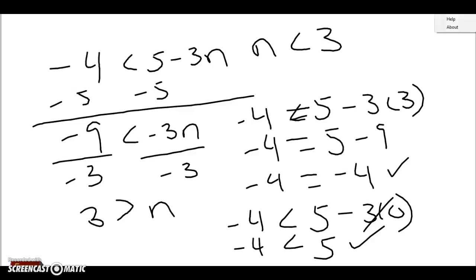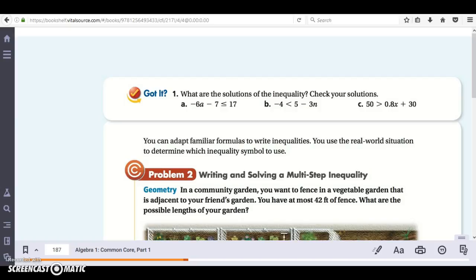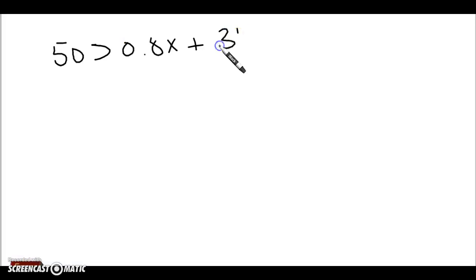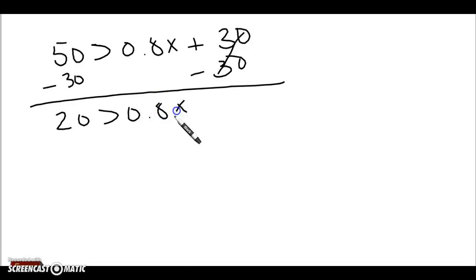All right, I think there's one more. We have 50 is greater than 0.8x plus 30. I don't know if it's 30 or 3. It's 30. Okay, so the first thing I'm going to do is subtract 30 from both sides. And I get 20 is greater than 0.8x.